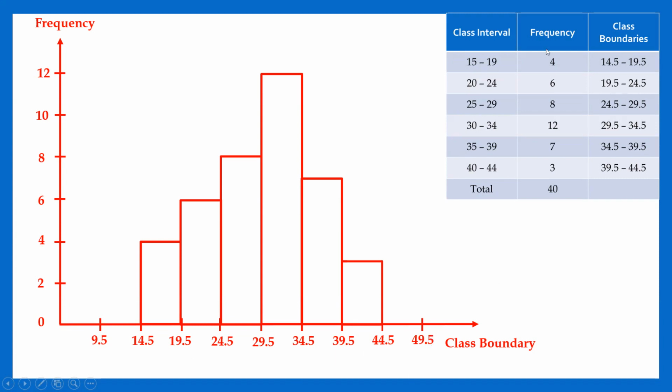Then mark the midpoints of the top of each rectangle. The first one is here, this midpoint is easy.